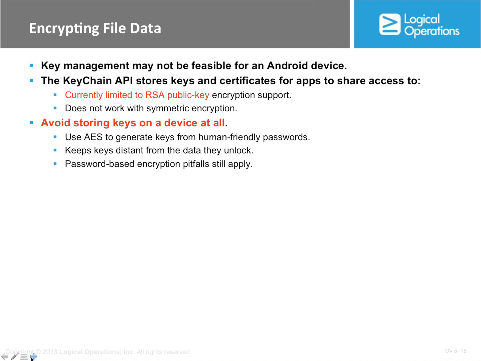That stores the keys and certificates for the apps to share across the entire environment, right? The environment being that device or that series of devices, or talking back to your database, for instance, to share encryption services. Right now, within the Android platform, it's limited to RSA public key encryption.